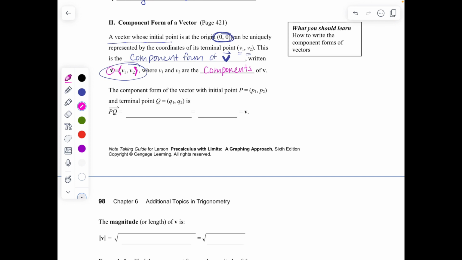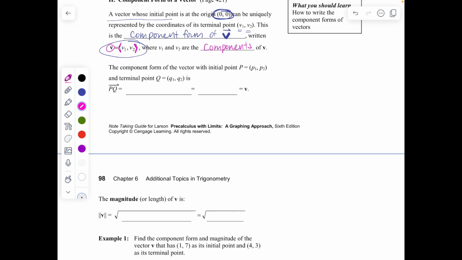And the component form of the vector with initial point P, where P is the point (P1, P2), and terminal point Q, our ending point, the point (Q1, Q2), is written like this. To find the component form, we take Q1, the ending x value, minus P1, the initial x value, comma, and then Q2 minus P2.